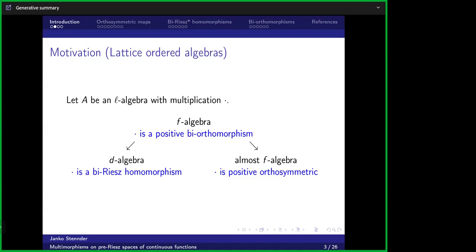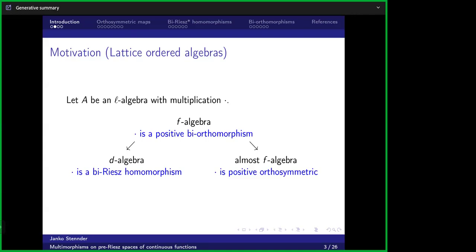So Florian already told you how one could generalize Riesz homomorphisms to pre-Riesz spaces by using those kinds of Riesz star homomorphisms. And this disjointness can also be done in pre-Riesz spaces. There's an intrinsic definition, but one could also use the vector lattice cover to define disjointness.